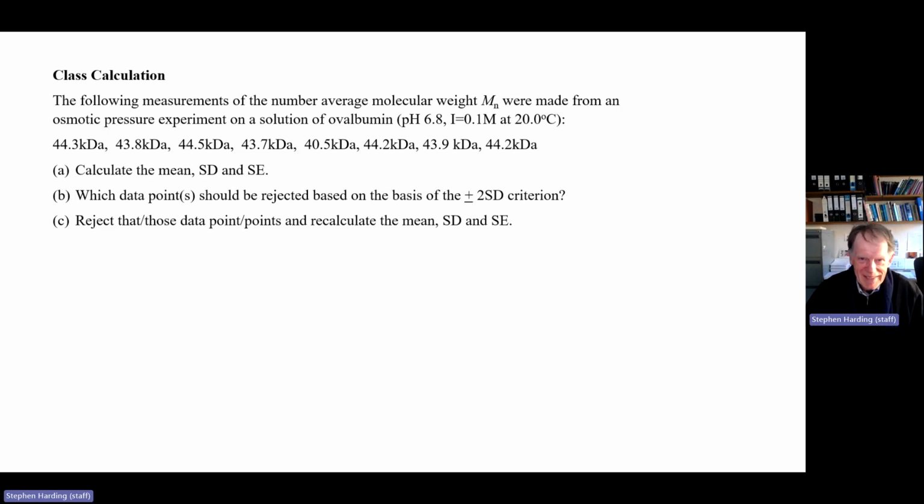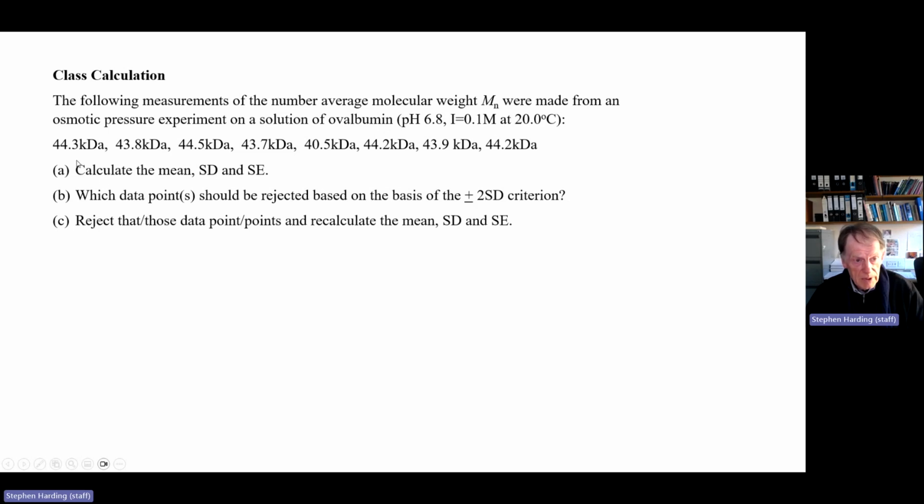It's actually a glycoprotein because it's glycosylated, under controlled solvent conditions, pH 6.8 and ionic strength I of 0.1 molar and 20 degrees centigrade. Okay, we're making measurements on the number average molecular weight using osmotic pressure.